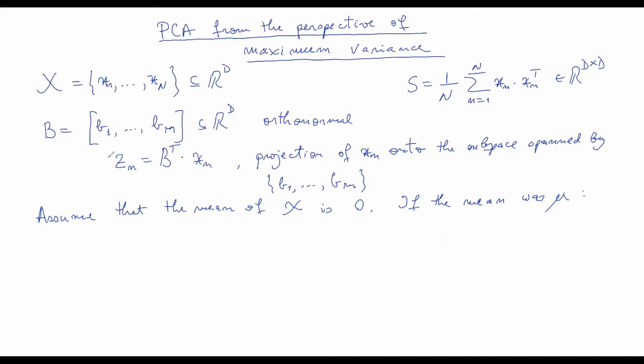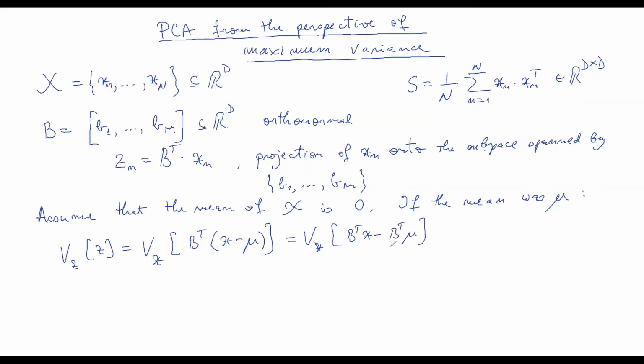And if we are taking the variance of these data points, so the variance of z, where z would be defined as a projection of the transformed data points, the ones that we are making so that they have mean 0, then if we take into account this translation, this would be equal to the variance of B transposed X minus B transposed mu, and that's essentially a constant.